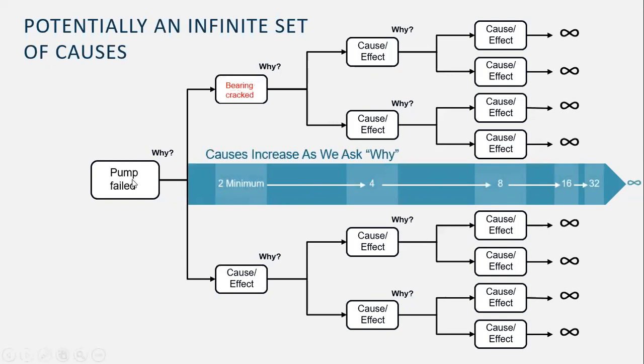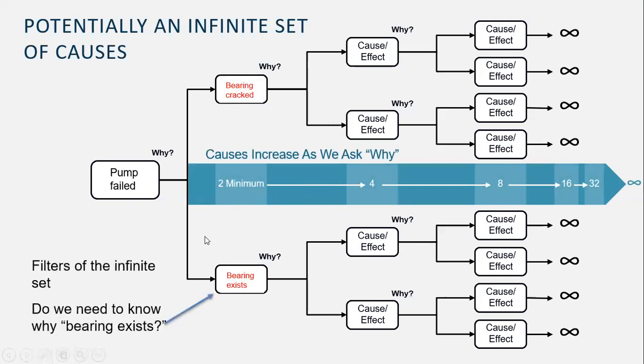So as an example, if this were a pump failure, one of the actions might be because the bearing cracked, and the condition is because the bearing exists. The pump has a bearing. Do we need to know why the bearing exists? And the answer, of course, is no. That's a desired condition. So this infinite set would terminate right here.